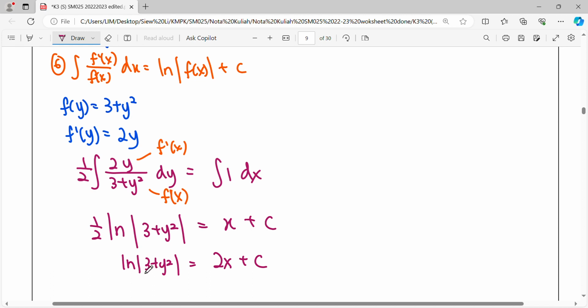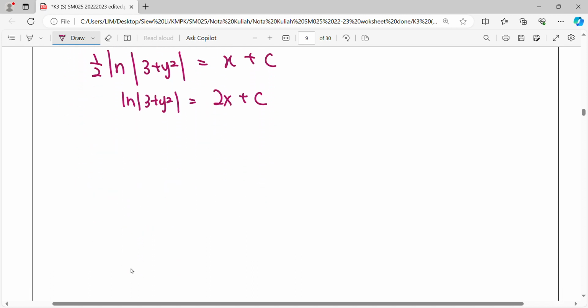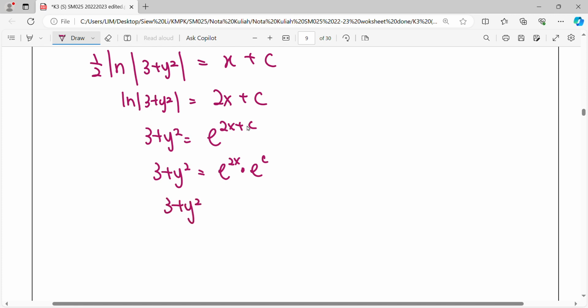Then when we unlock the ln, we get 3 plus y squared equals e to the power of 2x plus c. Then we simplify the power of plus here. We separate back, it will be e to the 2x multiplied by e to the power of c.